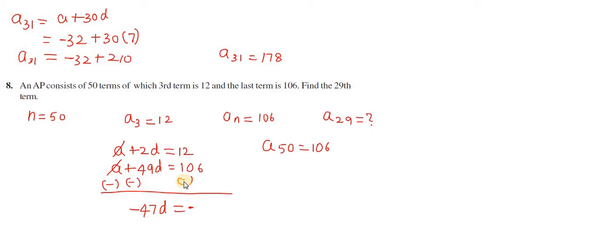Here minus 106 and 12 gives minus 94. Minus and minus get cancelled. So D is equal to 94 divided by 47. So we got D value is 2.